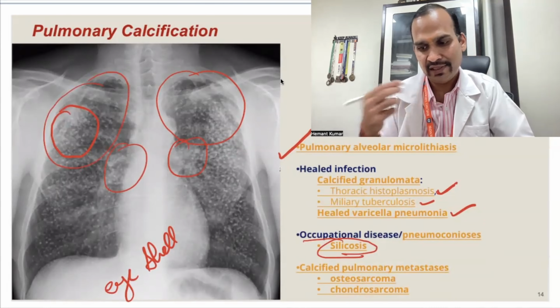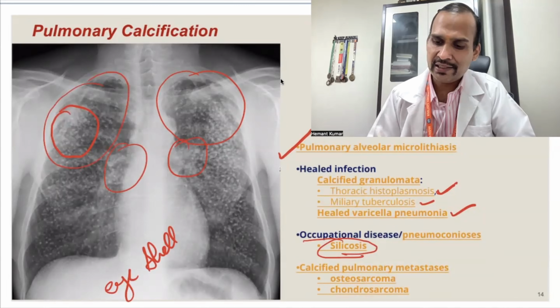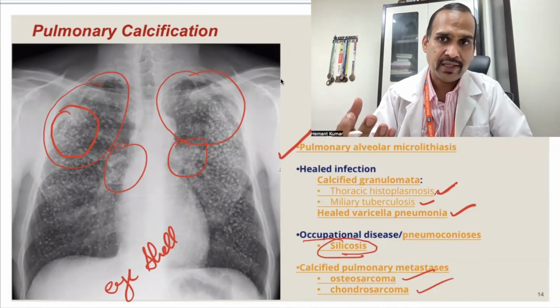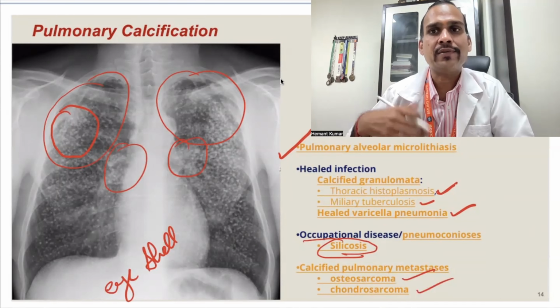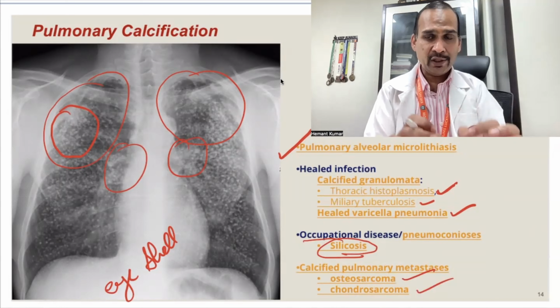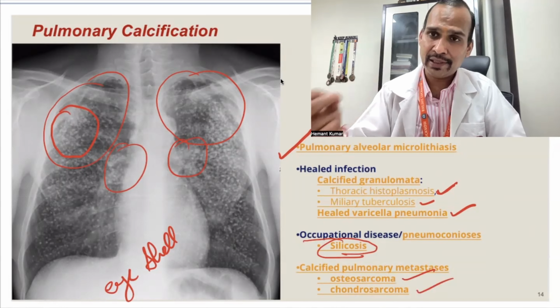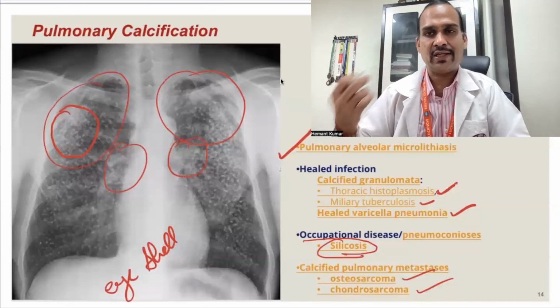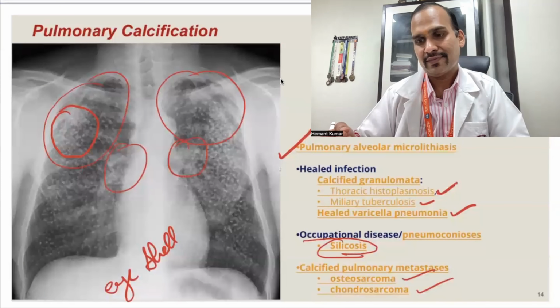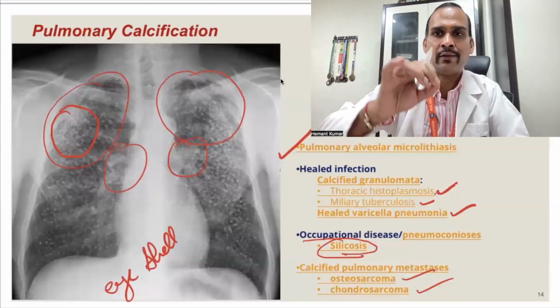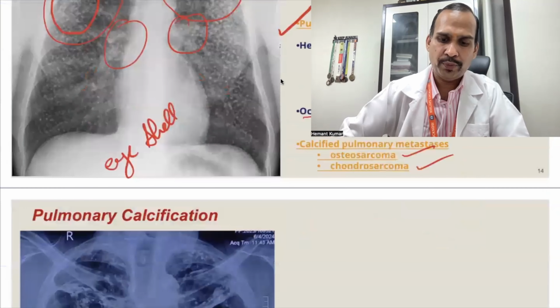A few metastatic calcifications you can find in osteosarcoma, chondrosarcoma, and a few benign lesions like hamartoma also give calcification. But typical nodules like this X-ray are seen in healed miliary tuberculosis, chickenpox, or pulmonary alveolar microlithiasis. So these are three or four differential diagnoses with this nodular opacity.